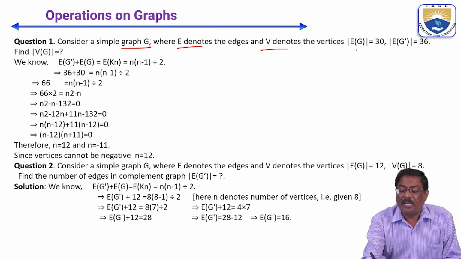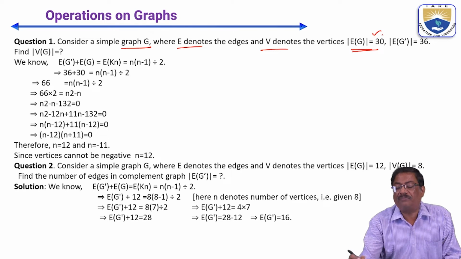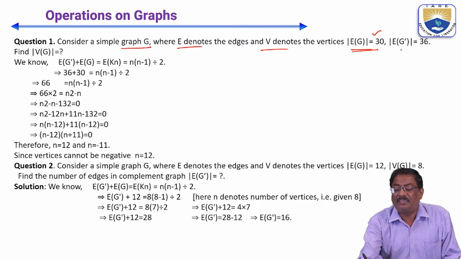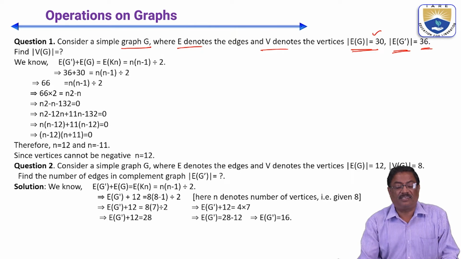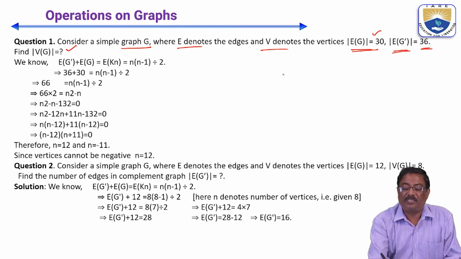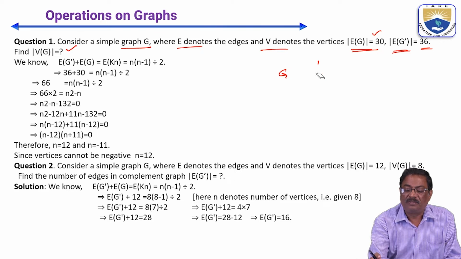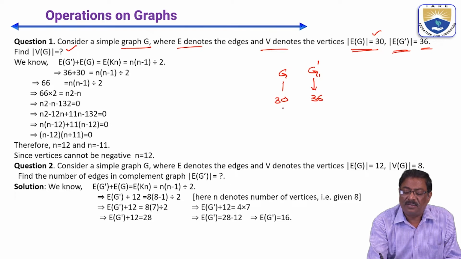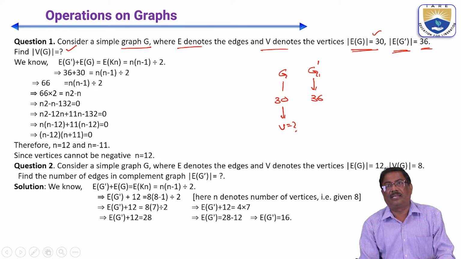Here the number of edges in the original graph G is 30, and in its complement G dash the number of edges is 36. Now we are going to calculate the number of vertices in the original graph.